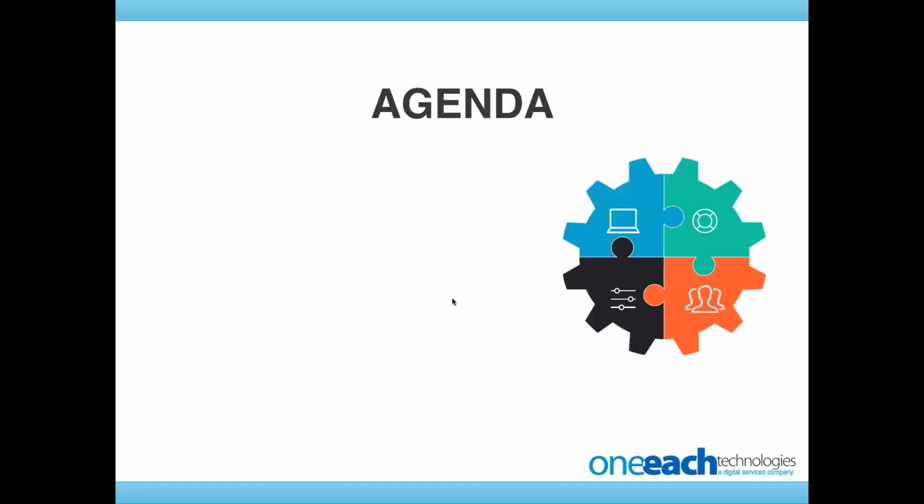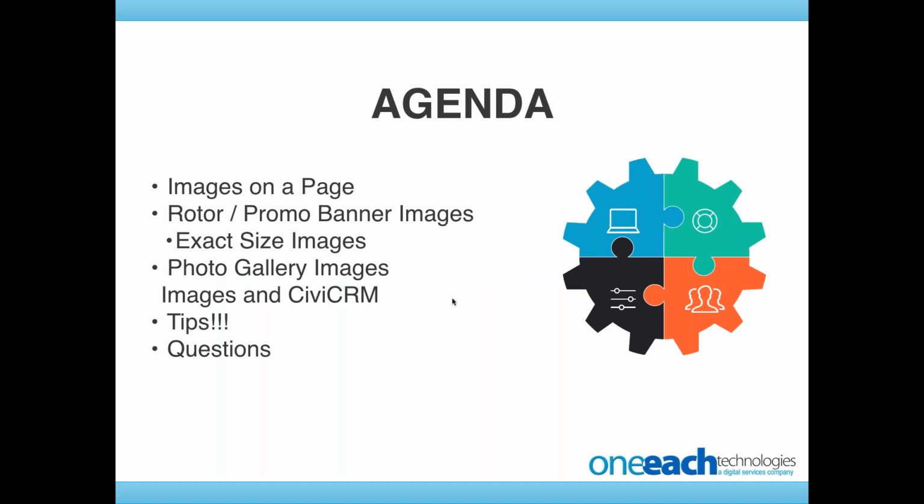So here we go. Here's our planned agenda for today. It really doesn't seem like a lot, but actually it packs a pretty big punch. So we're going to talk in general about images on your page, how to put images on your page, how to wrap text around them, how to size them, maybe use borders and different stuff. And those rotor images and those banners and the photo albums and the CiviCRM, and then we'll have tips.